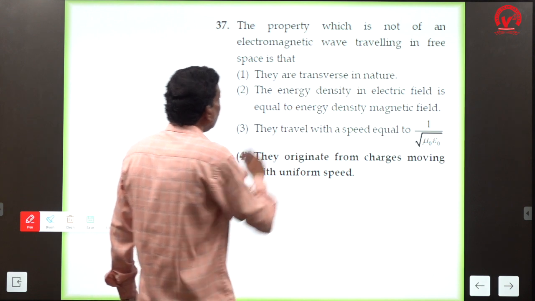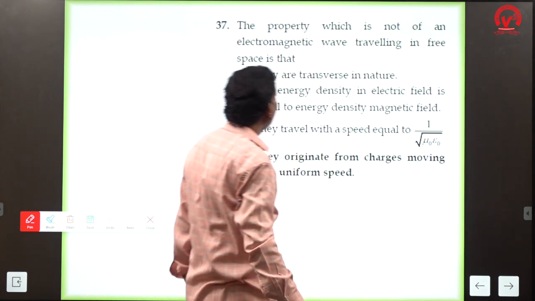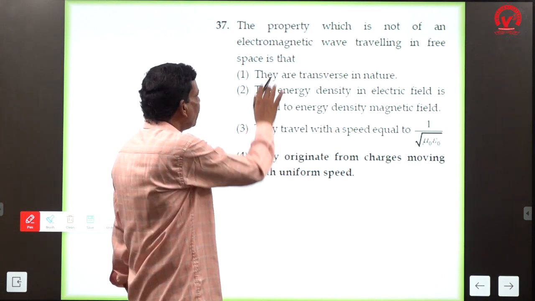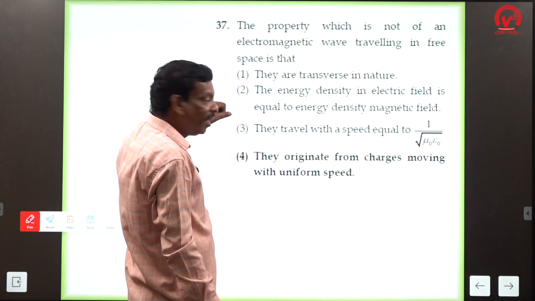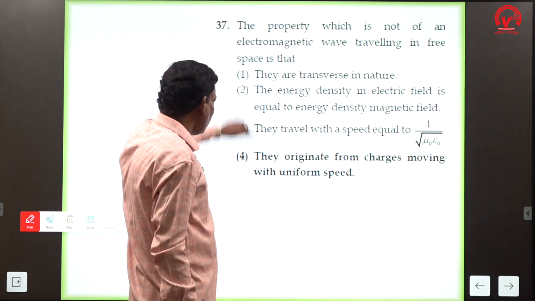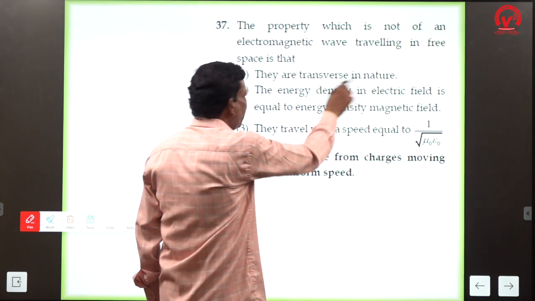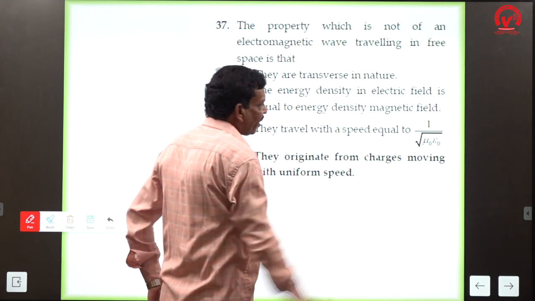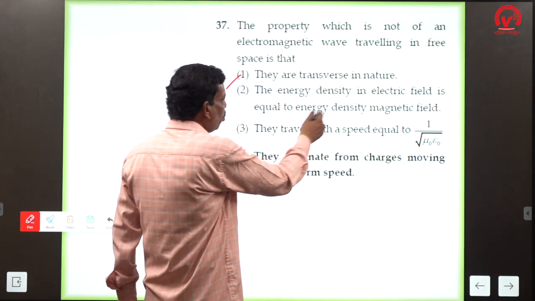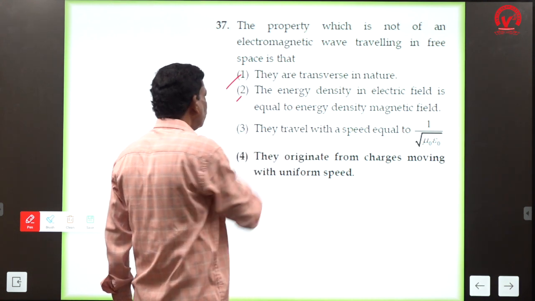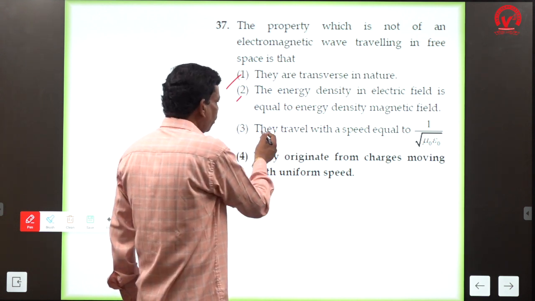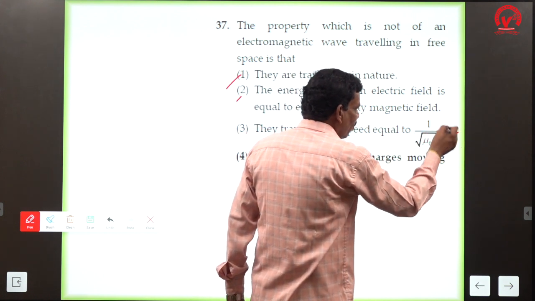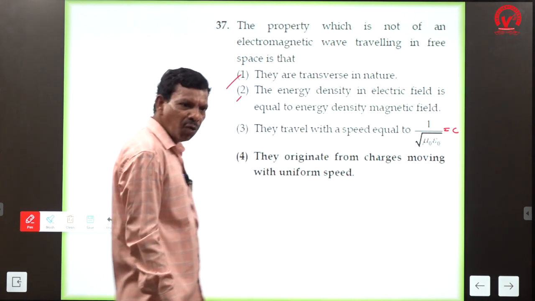Next question. The property which is not of an electromagnetic wave traveling in space is that: first, they are transverse in nature, correct. The energy density in the electric field is equal to the energy density in the magnetic field, same. Next, they travel with a speed equal to C, velocity of light, 1 by square root of mu naught epsilon naught.